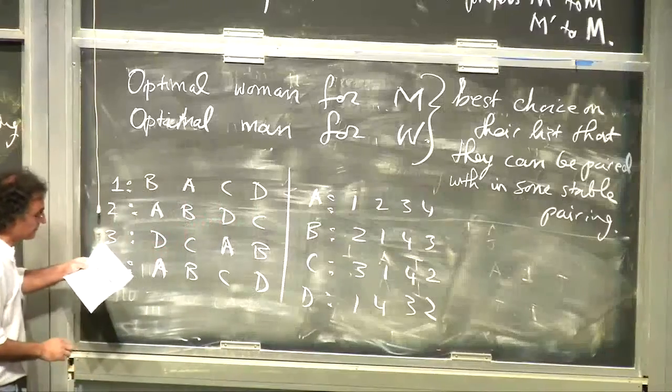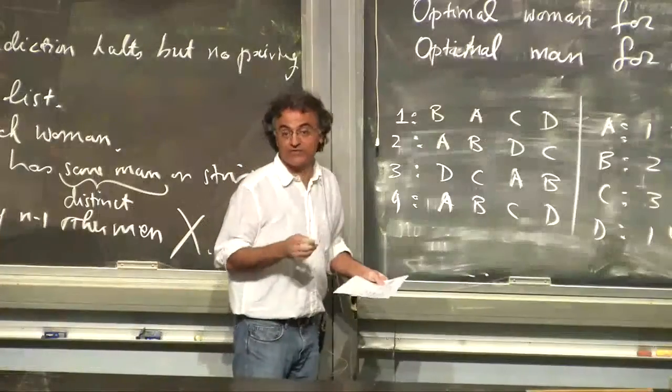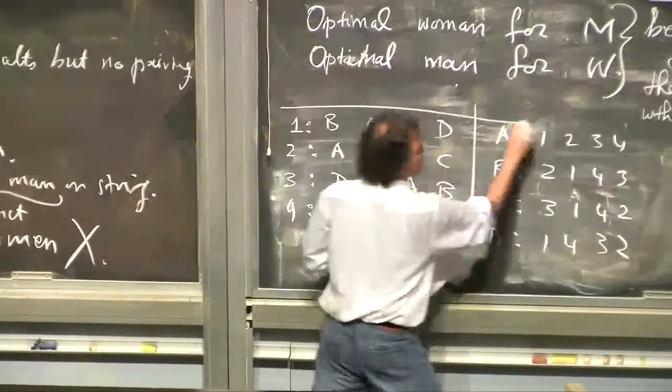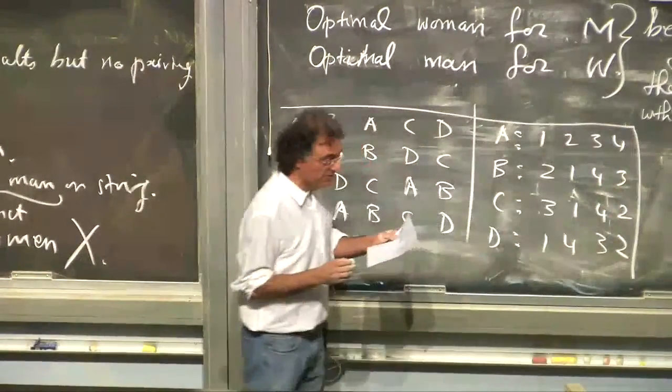And I claim that there are 4 different stable pairings.